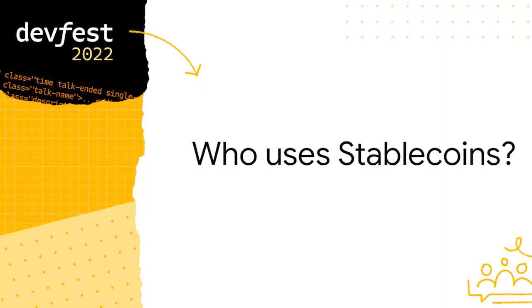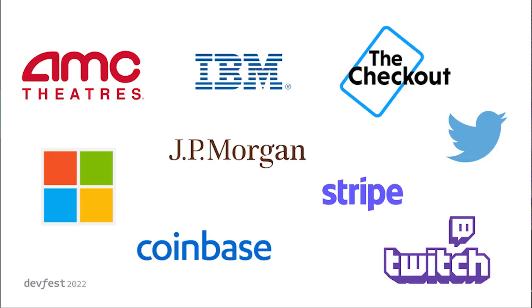Now, who uses stablecoin? We have tons of platforms that use it. We have AMC, which is similar to Netflix, and they accept stablecoin. IBM also accepts stablecoin. Checkout is a payment infrastructure system that also accepts stablecoins, in this case USDC, USDT, and others.